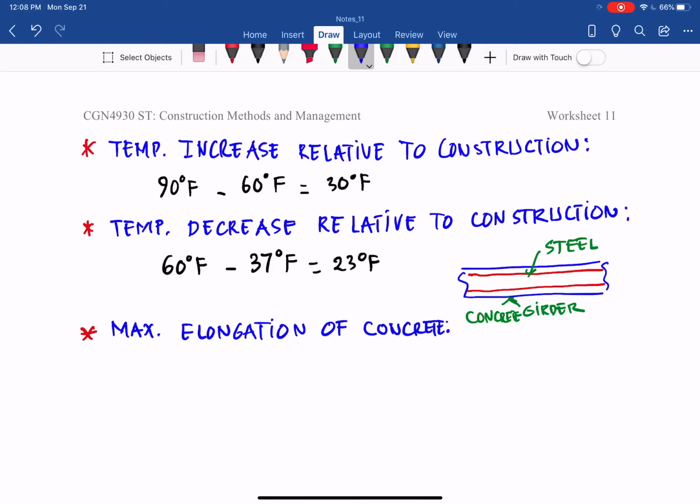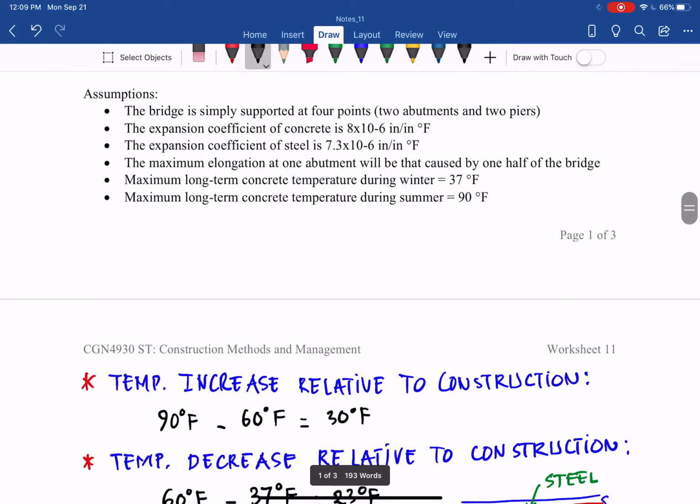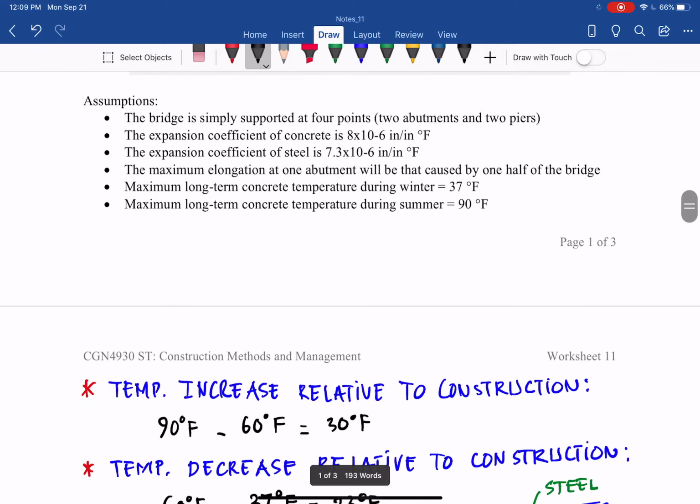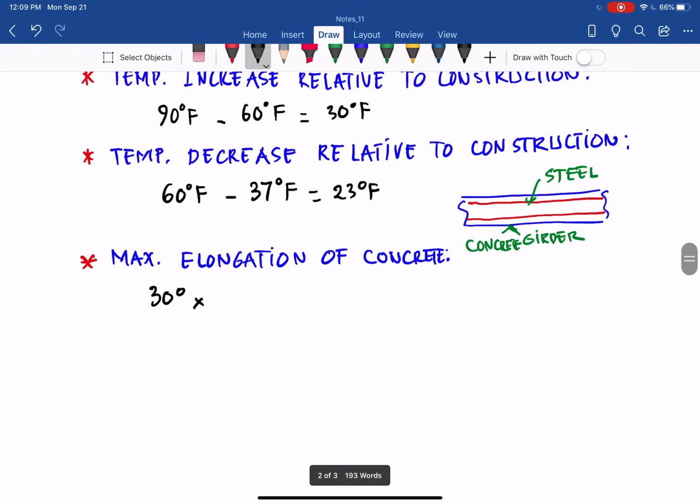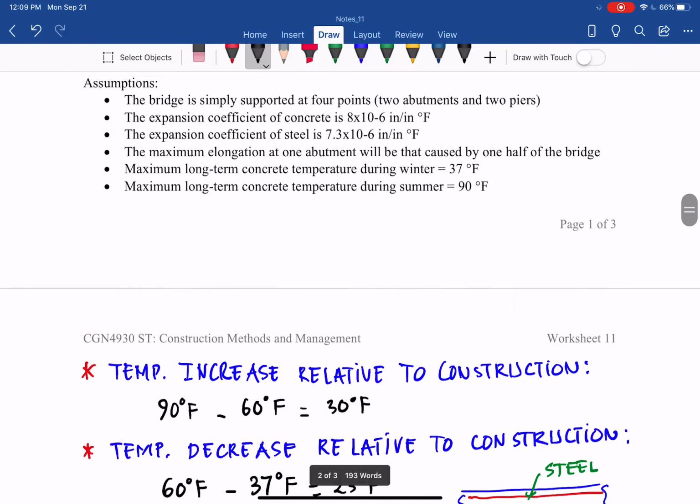From there, we have the elongation for the temperature increase. So you have 30 degrees. For concrete, the expansion coefficient is 8 times 10 power negative 6 per inch.